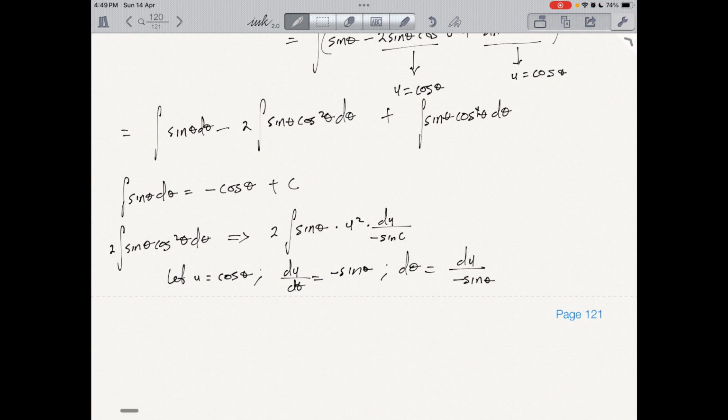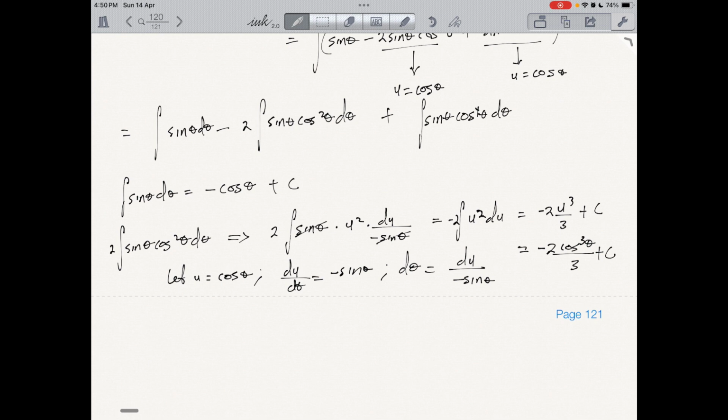This is quite similar to what we did in integration using algebraic substitution. So sine theta will nullify sine theta, and we're left with the integral of minus 2 u squared du, and this will give us minus 2 u raised to power 3 over 3 plus c. Now we can substitute our u back, and this will give us minus 2 cos raised to power 3 theta divided by 3 plus c, because u is equal to cos theta.